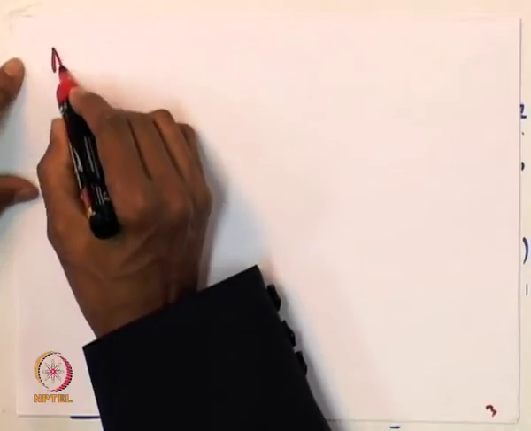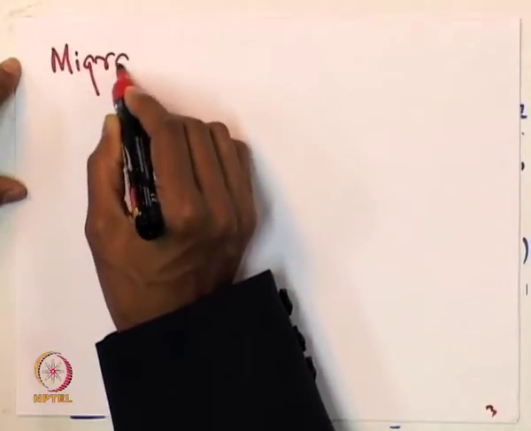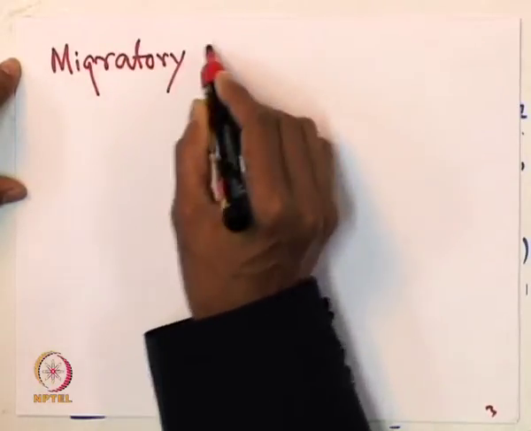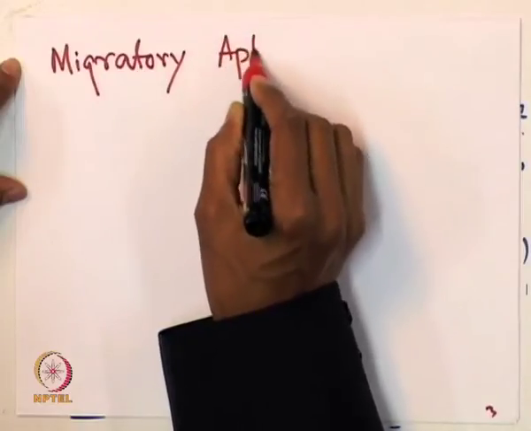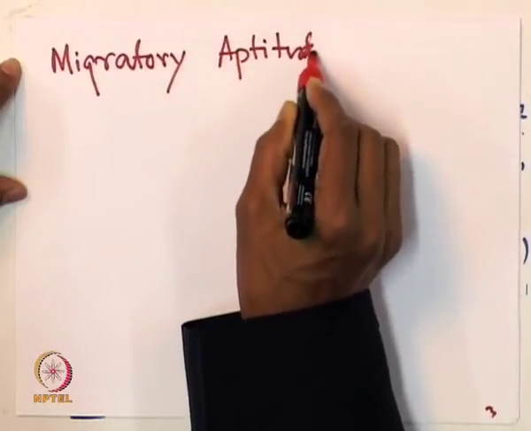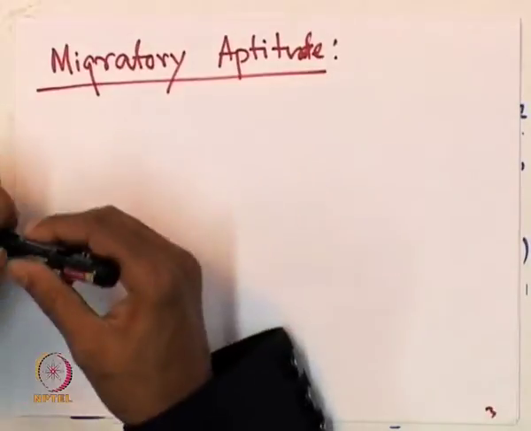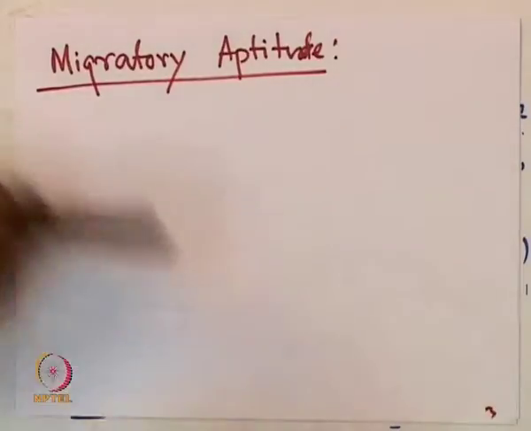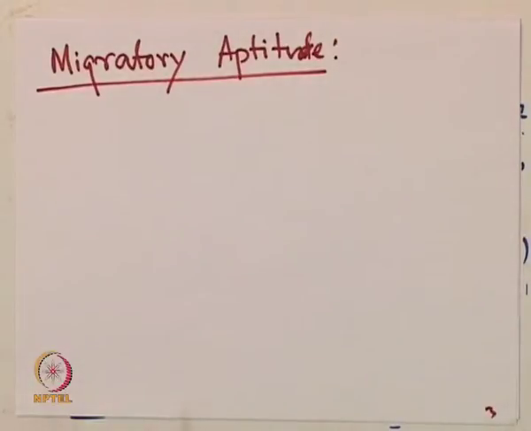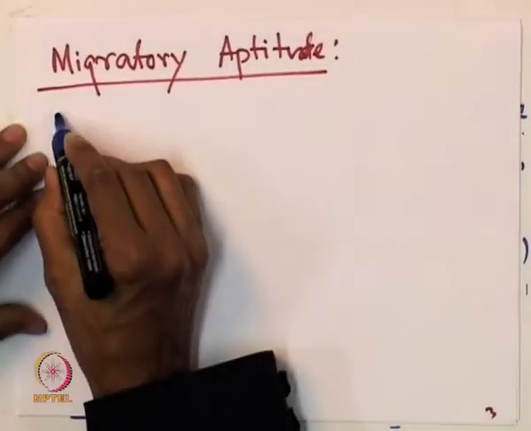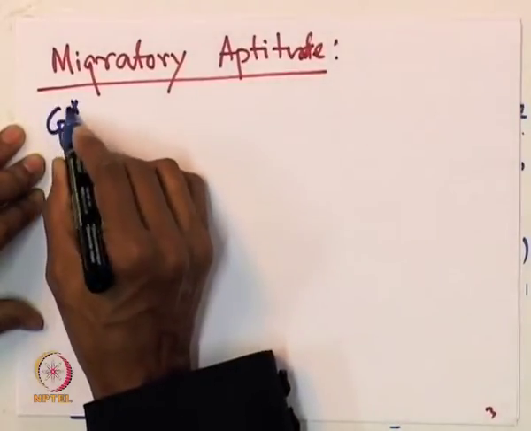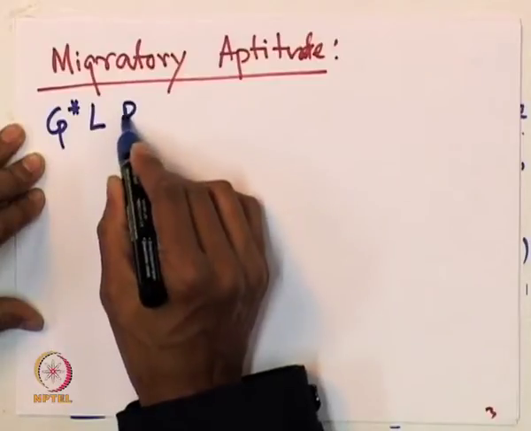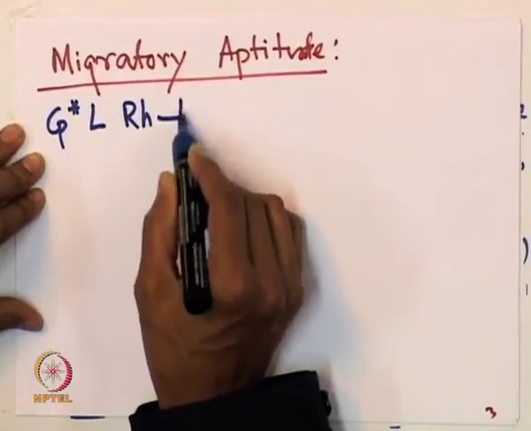So, the migratory aptitude. In order to probe this mechanism, of course, it is going to be a little tricky, but I think scientists are very clever in designing this experiment, this rhodium complex.